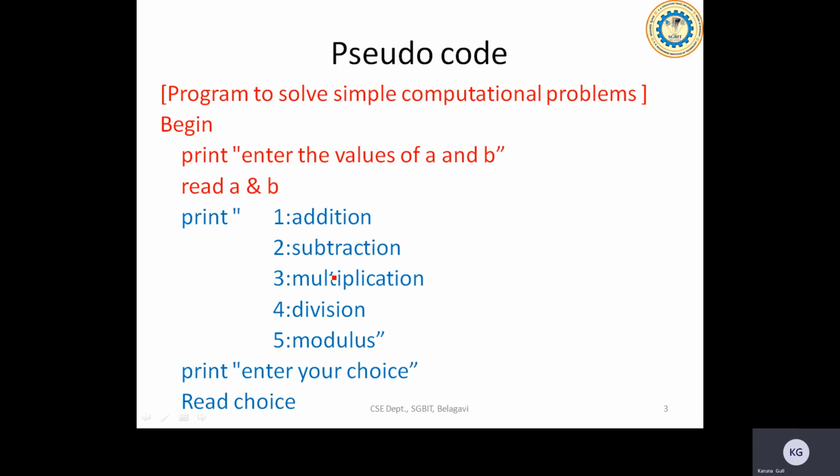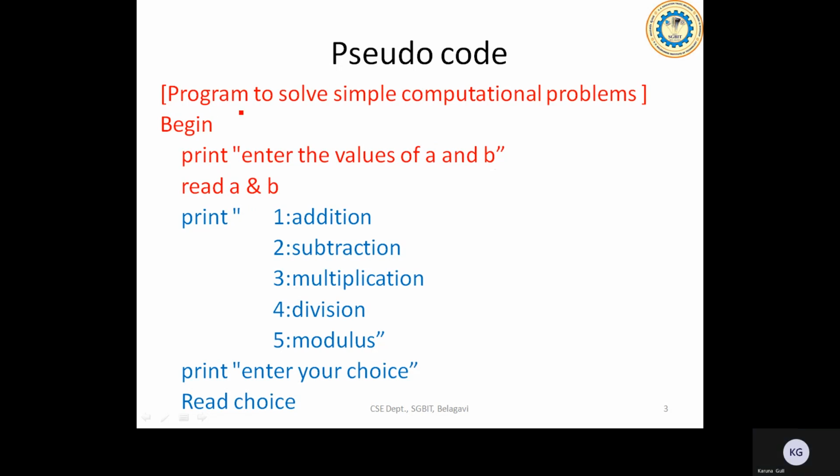In division, try to take care of the divide by zero error also. And the fifth one is the modulus operator. Whenever we talk about the modulus operator, please remember it operates only on integer values. With this basics, we go ahead with the pseudocode of the commercial calculator.